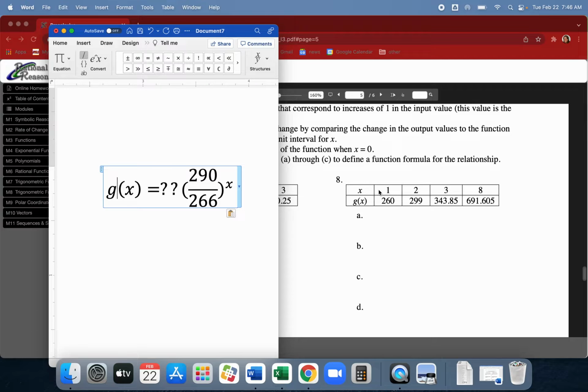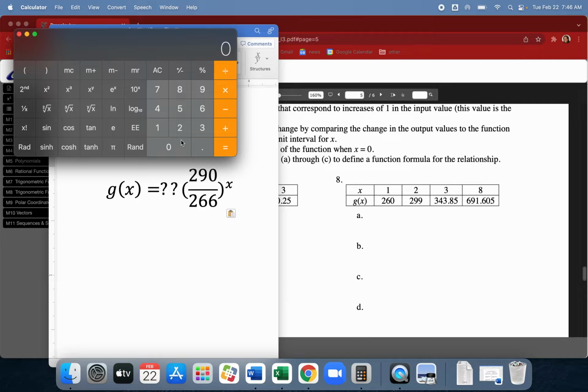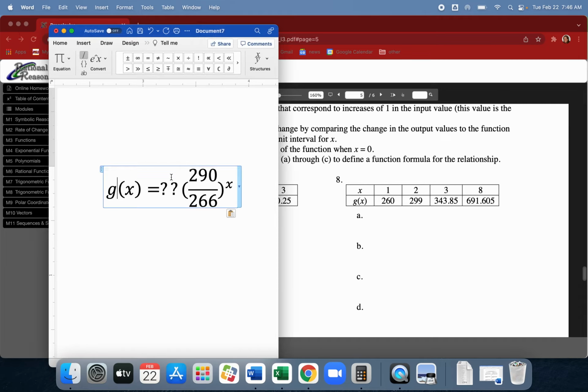If I want to know x equals 0, if going forward I multiply by 290 over 266, 1 point something, to go backwards, I could divide by 290 over 266. I'm going to work out what that is right now that we've seen it. 290 over 266 is about 1.09. It's really close to 1.09, so I'm just going to write 1.09 to save us some headaches here.